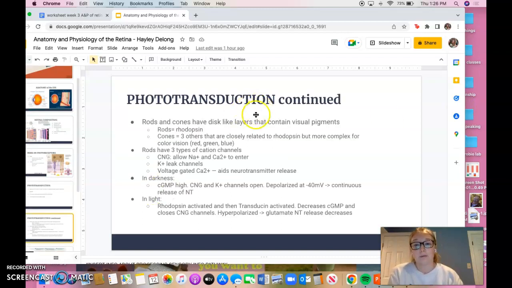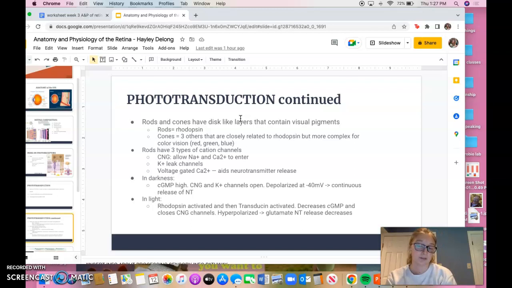So here's a little bit more about the rods and cones. They have those disc-like layers. The rods use rhodopsin, which was mentioned two slides before. And the cones use three other types that are closely related to rhodopsin but more complex for color vision, so they have three different ones for that. Rods have three cation channels, and the CNG, which is called cyclic nucleotide gated, allows sodium and calcium to enter.